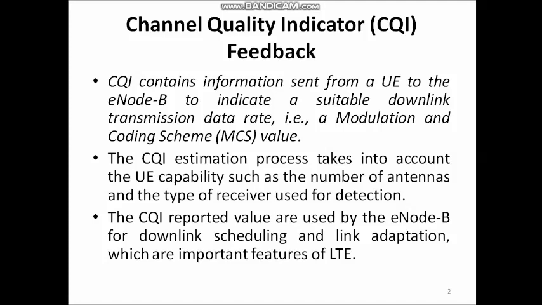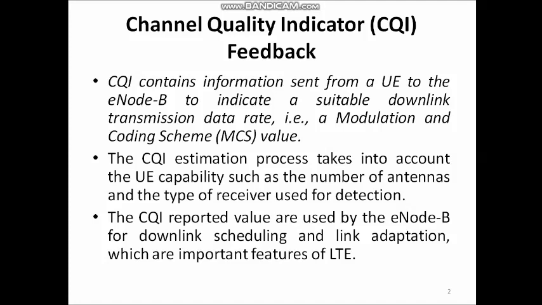And here the number of antennas and the type of receiver used for detection are very important, because for the same SINR value, the MCS level supported by a user equipment depends on the number of antennas and the type of receiver used for detection. That means the modulation and coding scheme depends on the number of antennas and type of receiver used for detection.